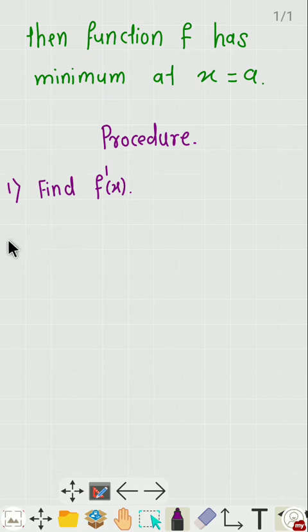In the second step, put f dash of x equal to 0 and find the values of x, find the roots.